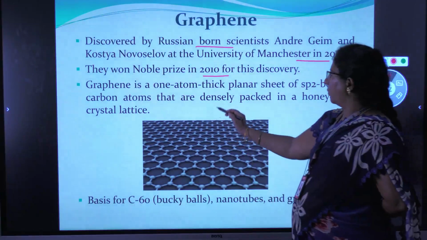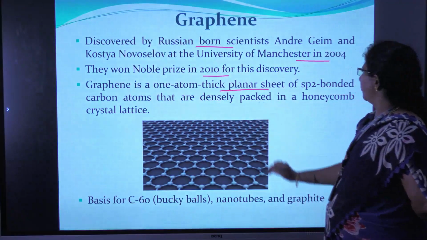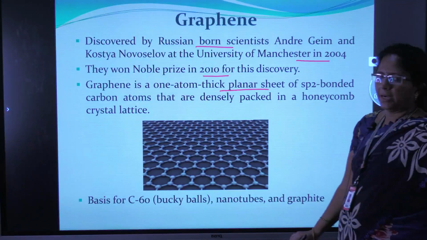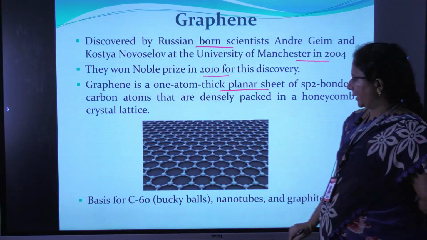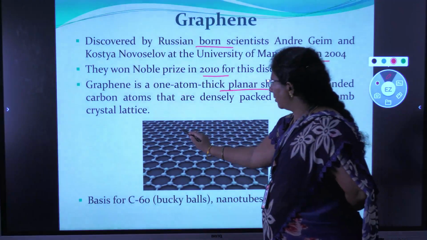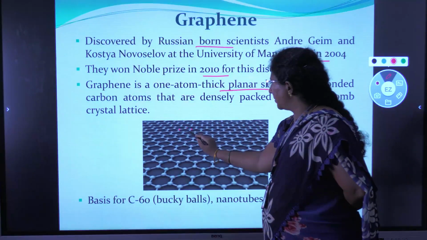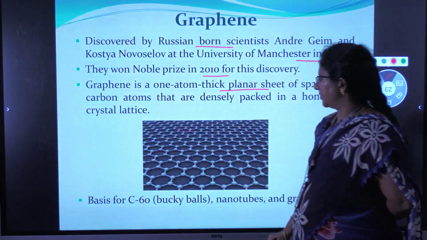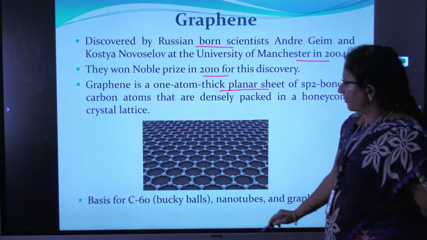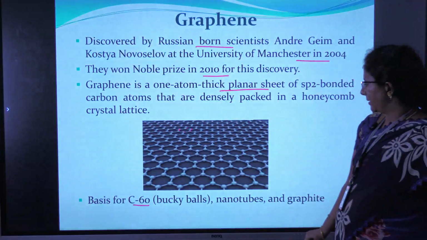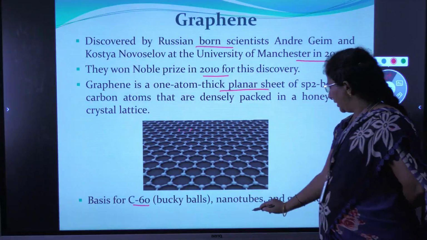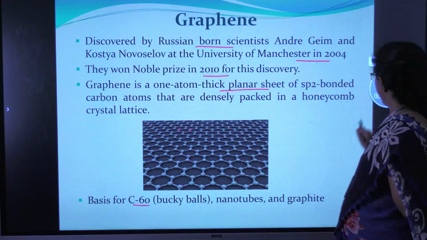Graphene is a one atom thick planar sheet of sp2 bonded carbon atoms that are densely packed in a honeycomb crystal lattice. Here all the carbon atoms are sp2 hybridized carbon atoms. This graphene is the basis for C60 fullerene, which is called Buckminsterfullerene, nanotubes and graphite.